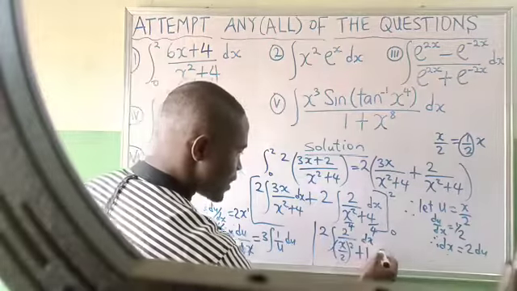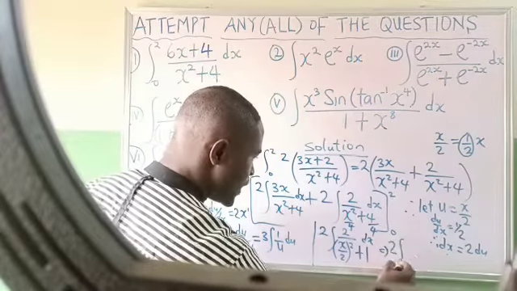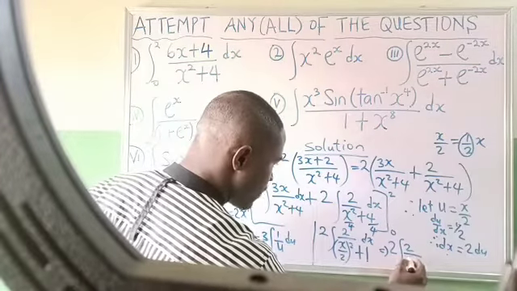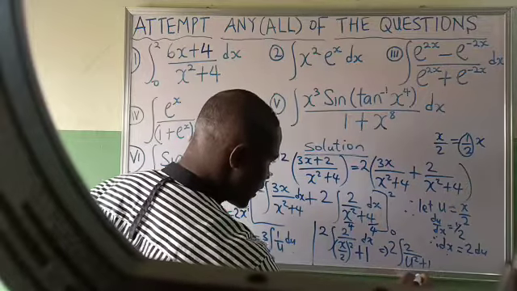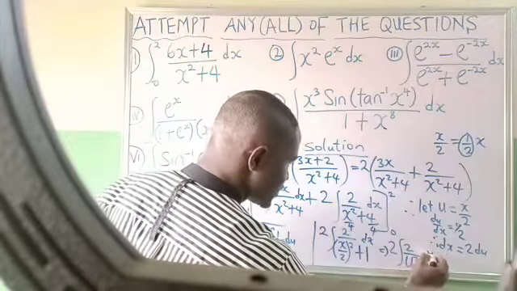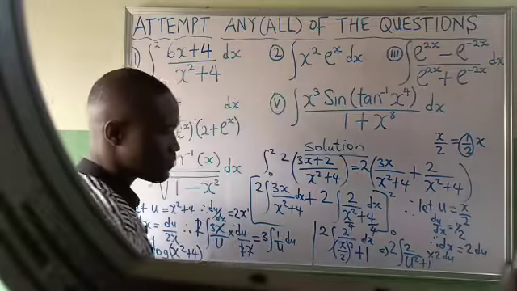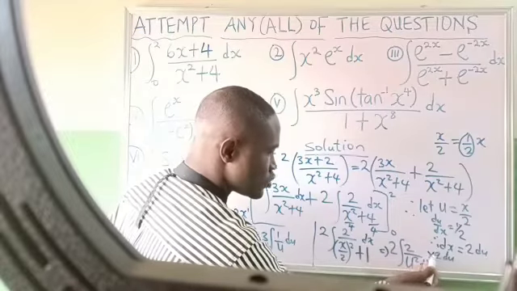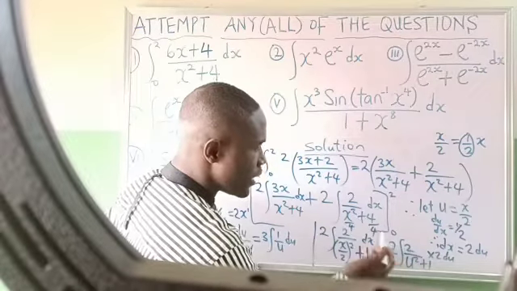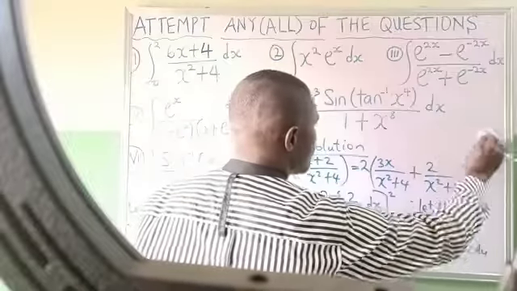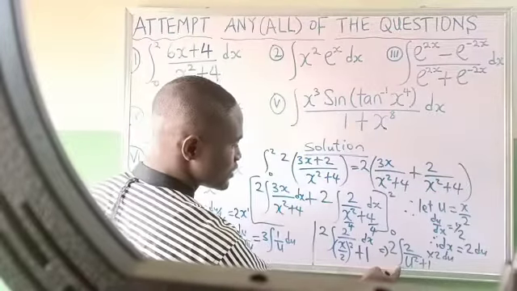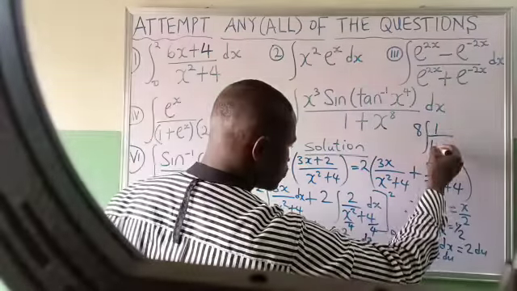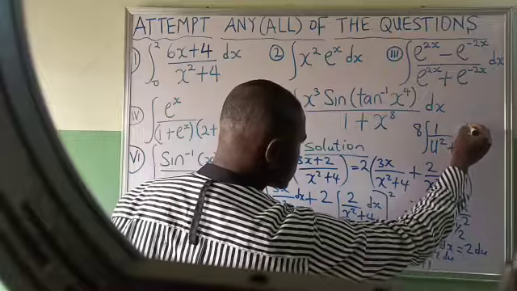I will replace: this means 2 times 2 integral 1 over u squared plus 1, times 2 du. I will multiply 2 times 2, 4, times 2, 8. So I will be having 8 integral 1 over u squared plus 1 du.